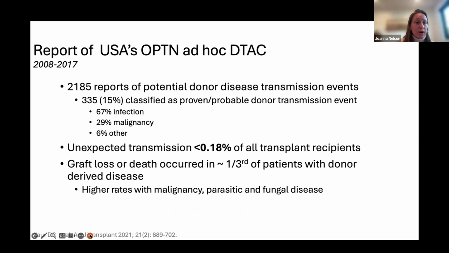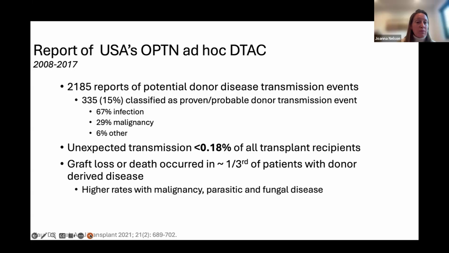So this is data from a 10-year report from the DTAC from 2008 to 2017. And during this time, there were about 2,100 reports of potential donor disease transmission events. 15% of these were classified as proven or probable donor transmission, with the most common etiology being infection in 67%, and then malignancy in 29%.